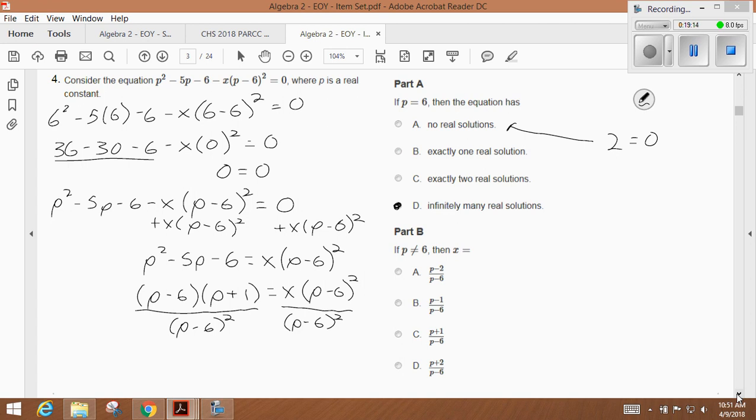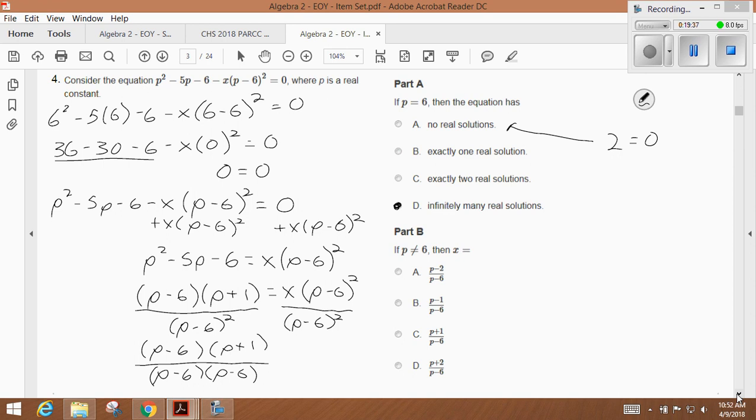So those p minus 6 squareds on the right-hand side are going to cancel. And I will have p minus 6 times p plus 1 over p minus 6 times p minus 6, right? That's what p minus 6 squared is.